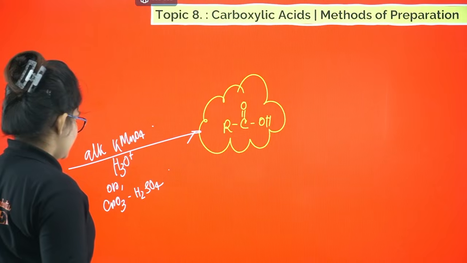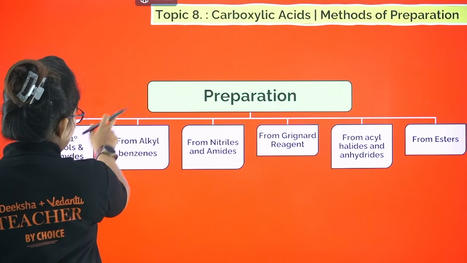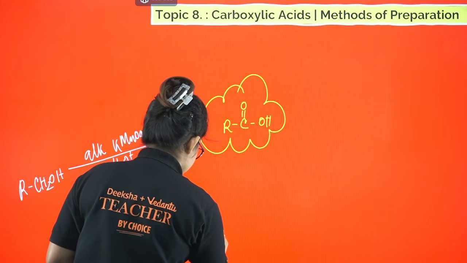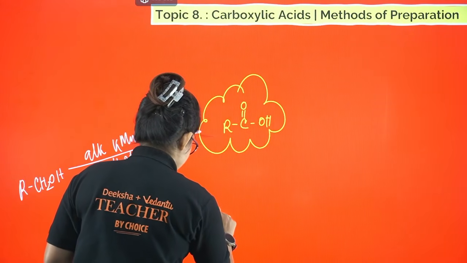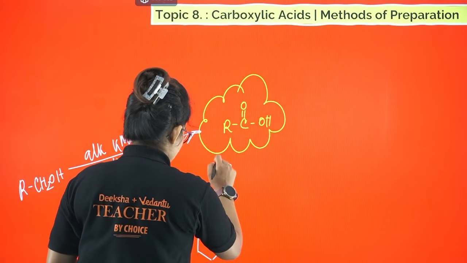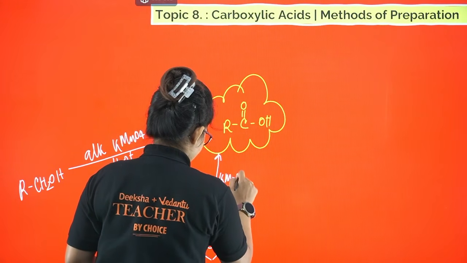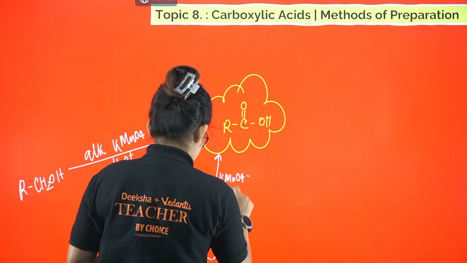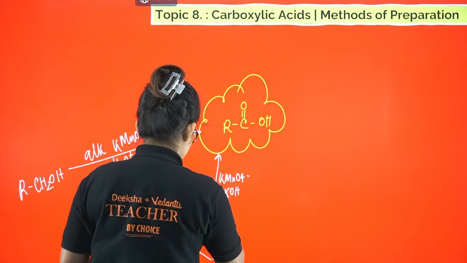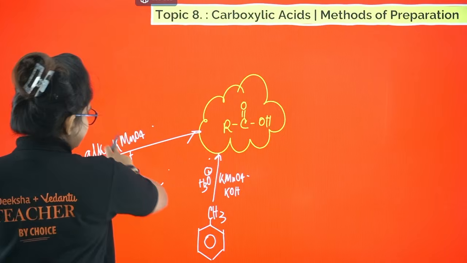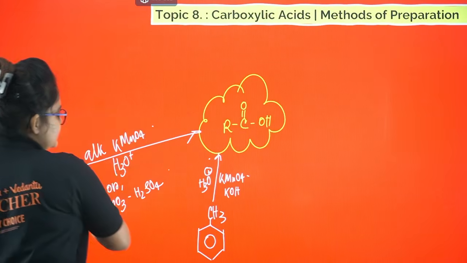Now let's say I am having alkyl benzene. Let me just take methyl benzene. How can I come up with the acid? Simple KMnO4 I will give, KMnO4 in presence of KOH, a little bit of H3O plus, that's it. Next, from nitriles and amides.